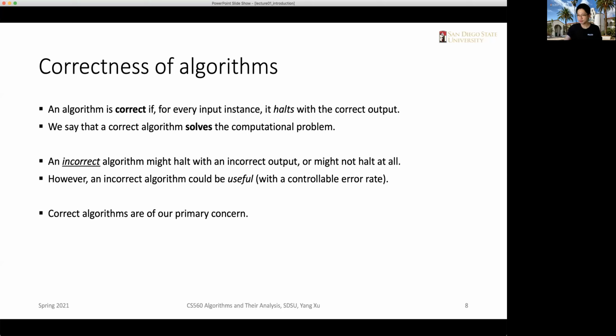I see a question: would you consider greedy algorithms to be incorrect algorithms? That is a very good point. First of all, the basic idea of a greedy algorithm is that it's usually an iterative algorithm.